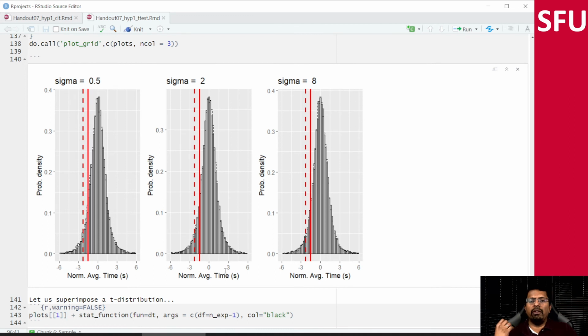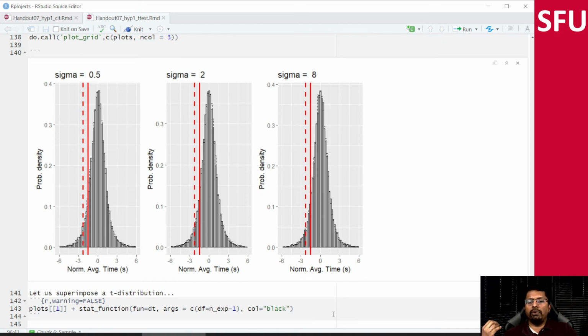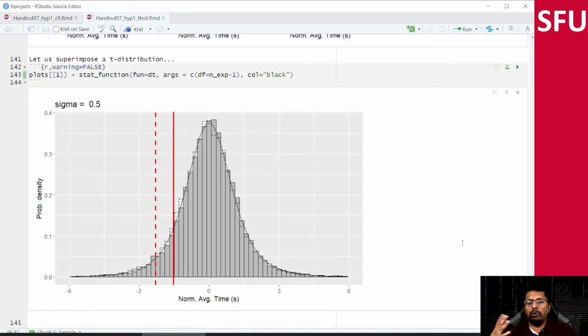So we can no longer fit the regular normal distribution here. This is actually shifted. What we need to do is superimpose what's known as a t distribution. I'm going to pick sigma equal to 0.5, it doesn't really matter which one I do, and then superimpose the t distribution. Notice that it is a very good match, and then we can do the same thing that we did before.